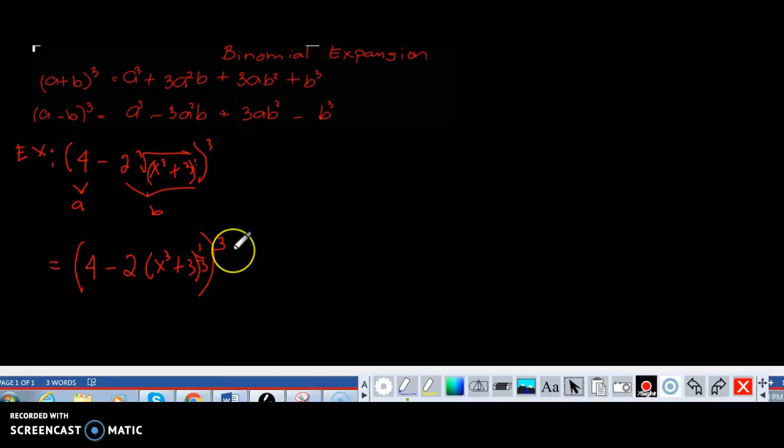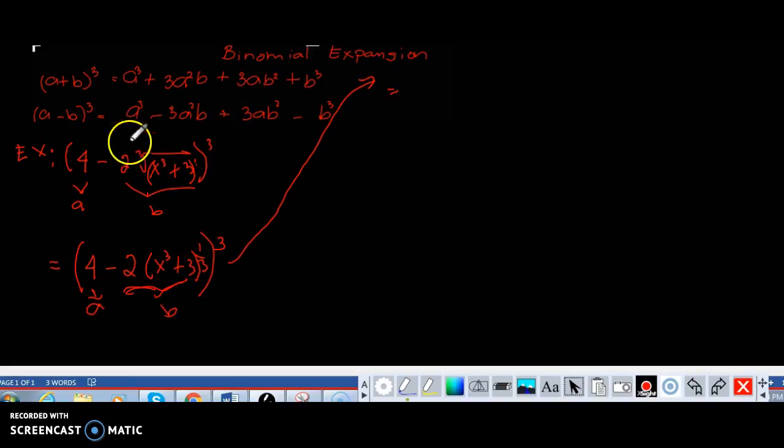What we did is we just copied this one. This 2 is that, and this radical expression, we just changed into exponential expression. I'm hoping I have enough space here to do this. I'm going to show the solution somewhere here. We start with a cubed, so your a is 4. All of these is your b.